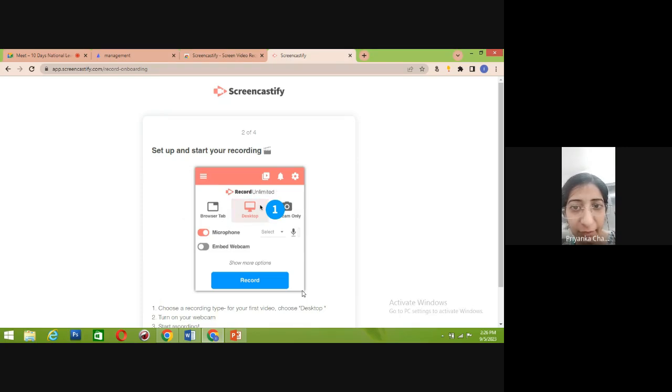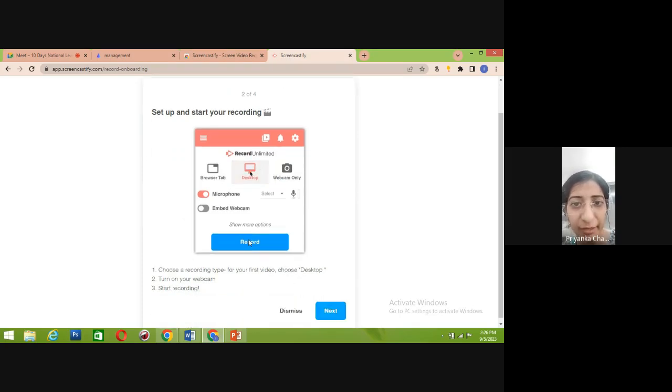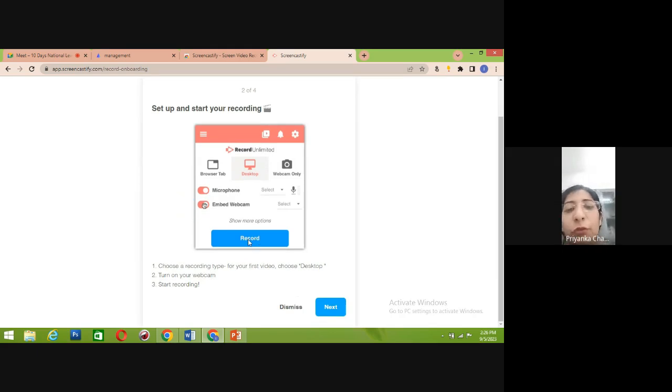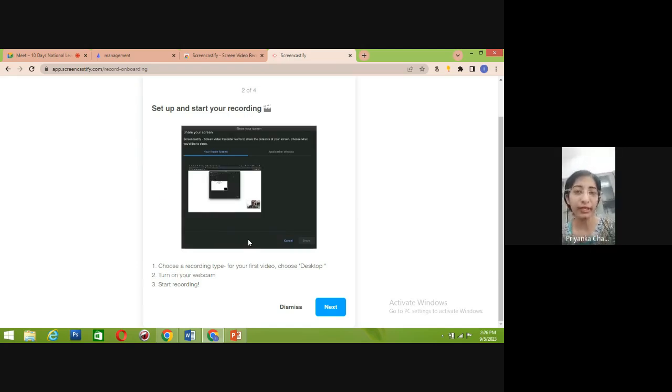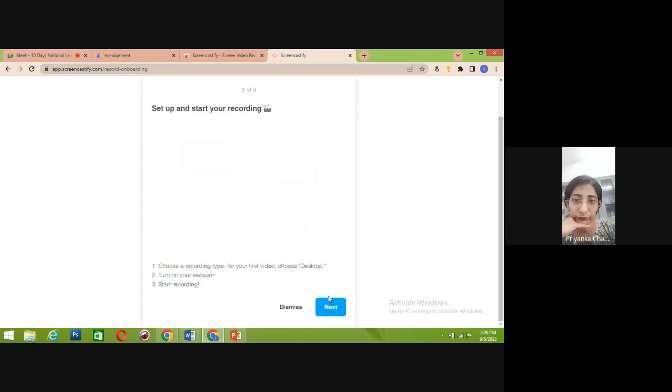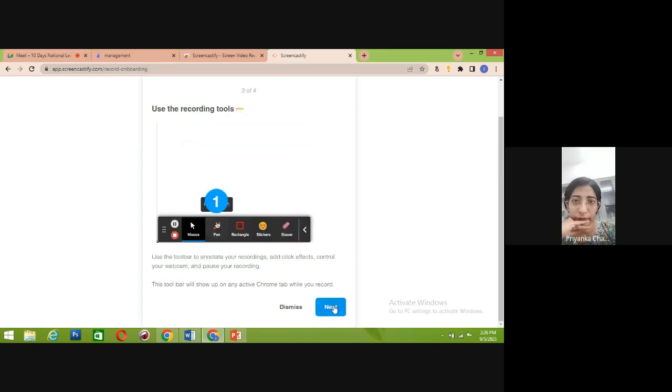And now enable desktop and enable webcam and record. Now, if you click on the record option, that means my recording has been started in this session also. Next. And I think the recording has been started now.